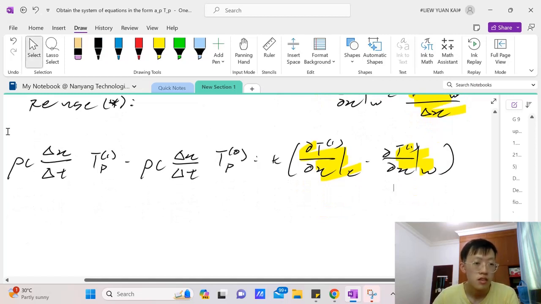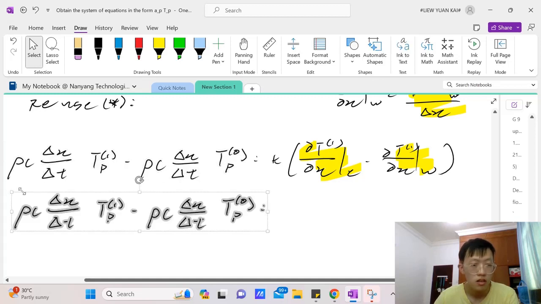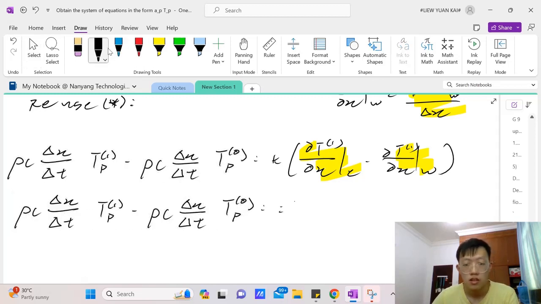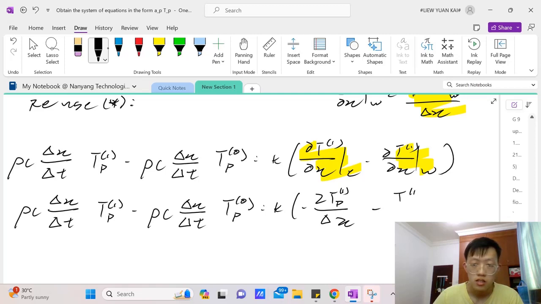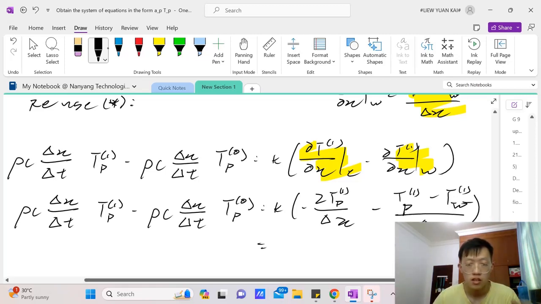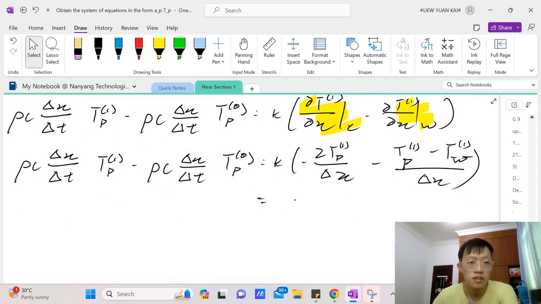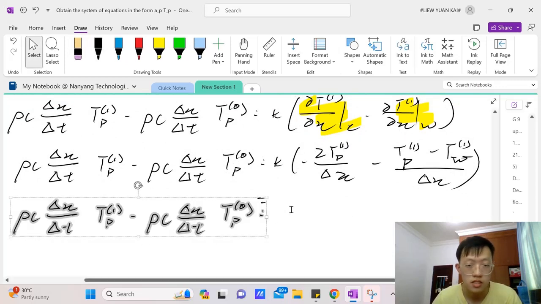Again, copy this first. So check, yes, minus 2 T1P over delta x minus the other term. Let me deal with this side first. Okay, good.